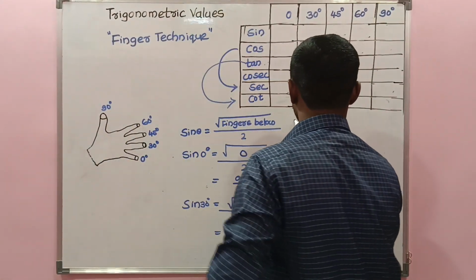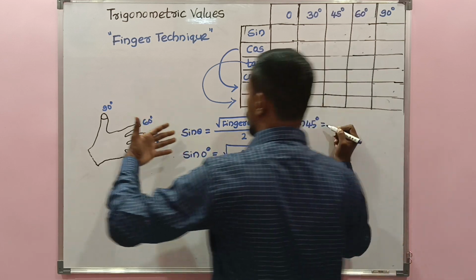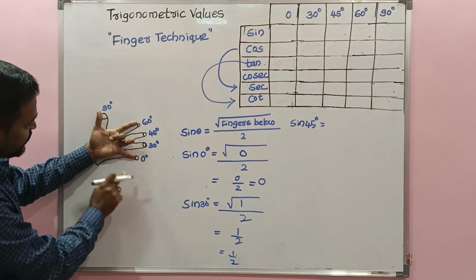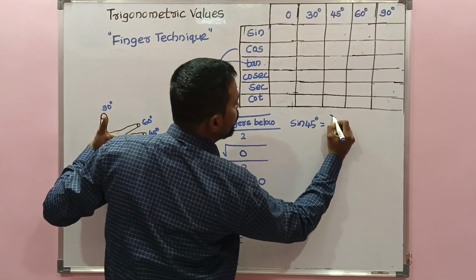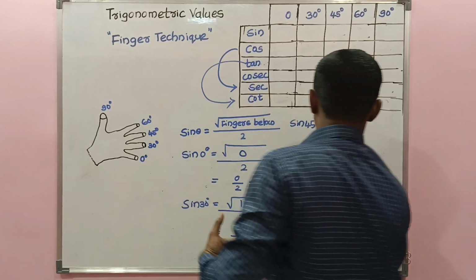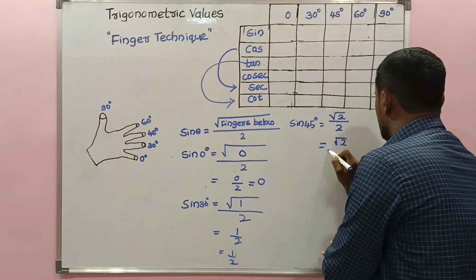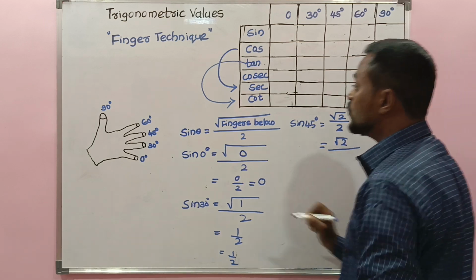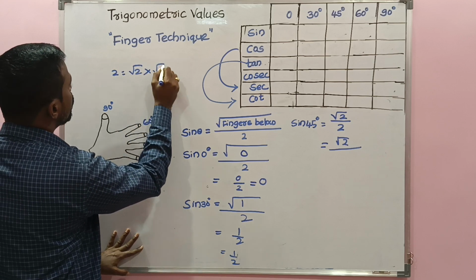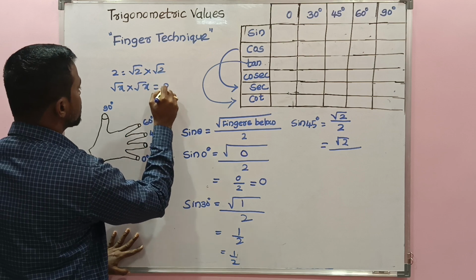Similarly, sine 45. Now I'll fold, sine 45 means the middle finger I need to fold. How many fingers are below this finger? 1, 2. Therefore under root of 2 whole divided by 2. So this is going to be root 2 by 2, and we all know that 2 can be written as root 2 into root 2, because we all know that root x into root x is x.